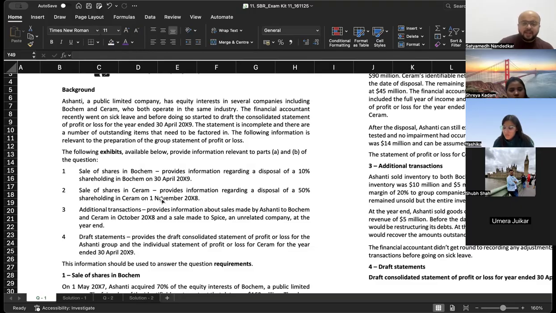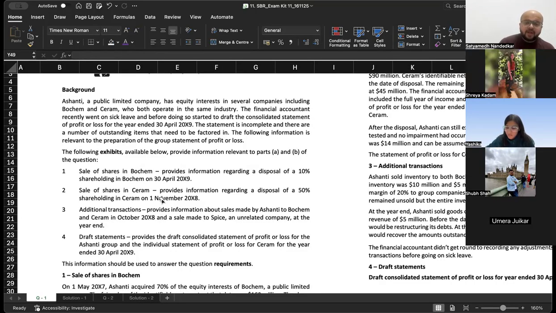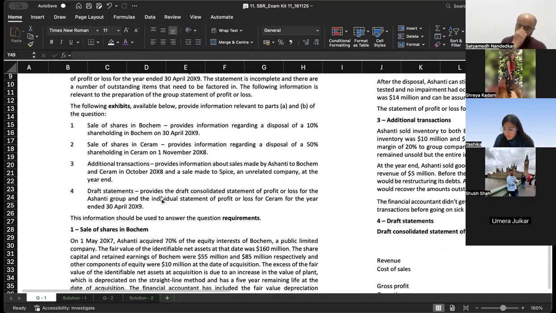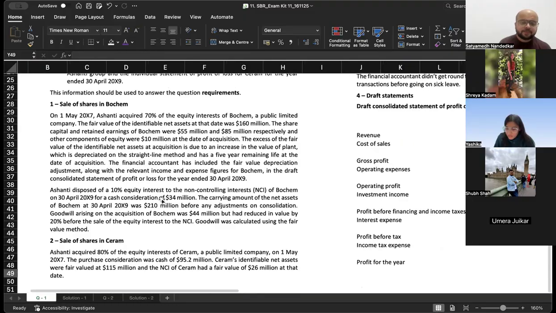The statement is incomplete and there are a number of outstanding items that need to be factored in. The following information is relevant to the preparation of the group statement of profit or loss. The following exhibits provide information relevant for parts A and B of the question: sale of shares in Bokem, sale of shares in Serum, additional transaction, and then draft statements.